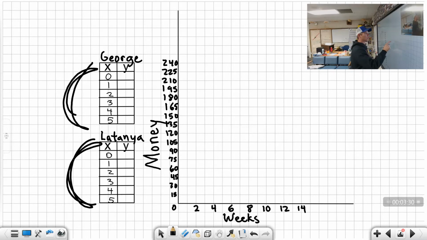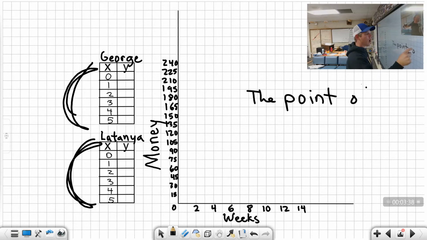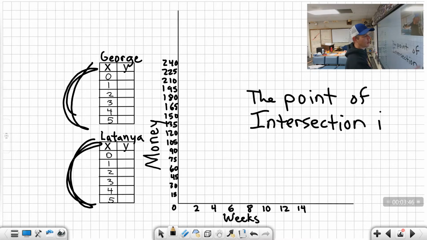On your graph, I want you to write the point. Now remember, when I say point, you're also thinking coordinate. The point of intersection is, and you write a coordinate like that.